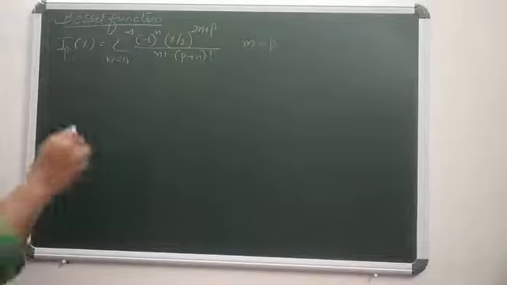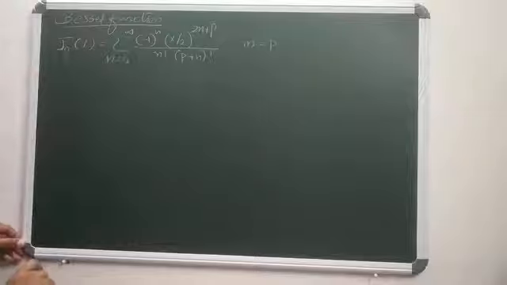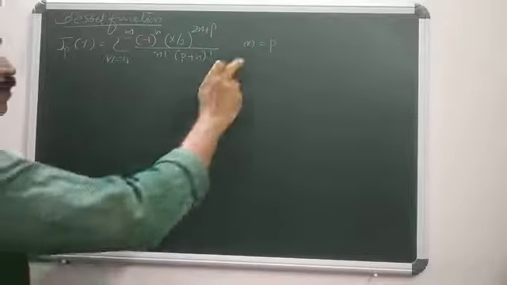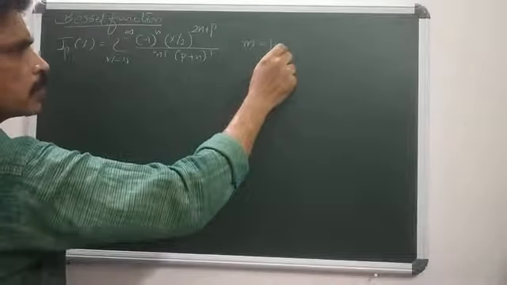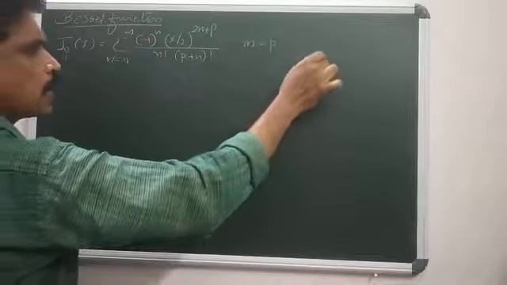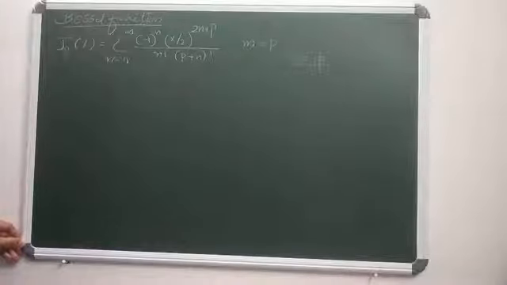Okay, so in the previous class we discussed the two values of this m, and we know that m has two values, m equals p, and m equals minus p.